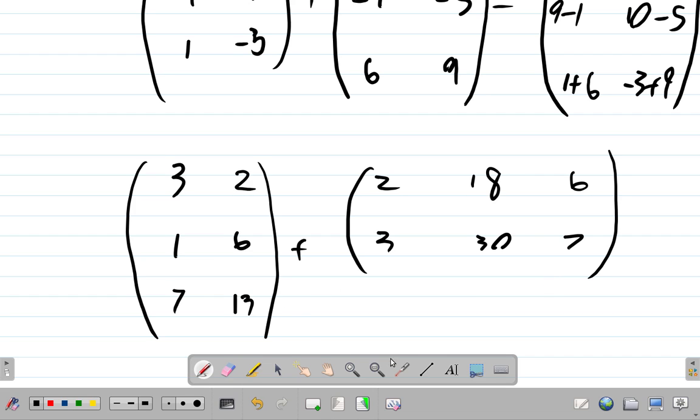Certainly, you can see a row 1, column 1 element here and a row 1, column 1 element here. You also see a row 1, column 2 element here and a row 1, column 2 element here. But the issue is there is a row 1, column 3 element in this matrix but none over here. You cannot add two matrices of different order. So forget about that.